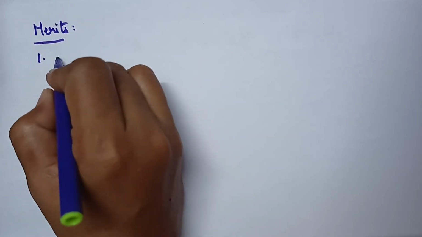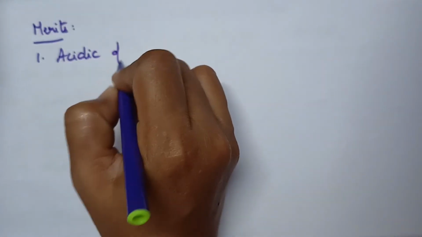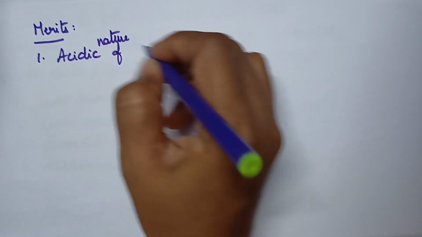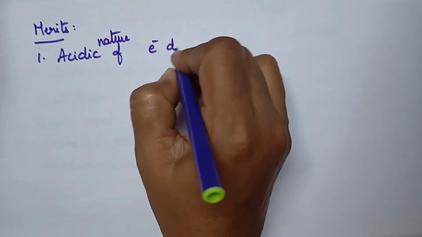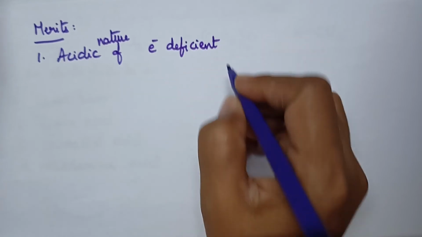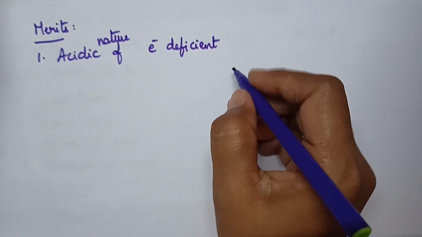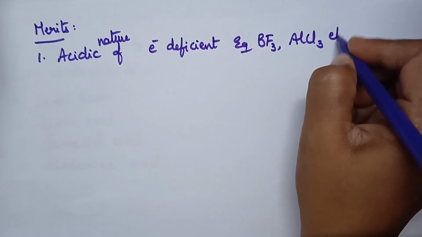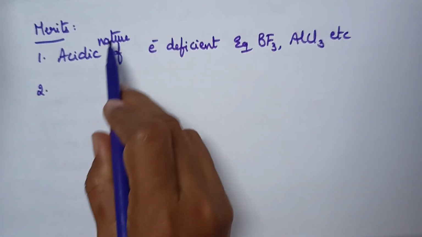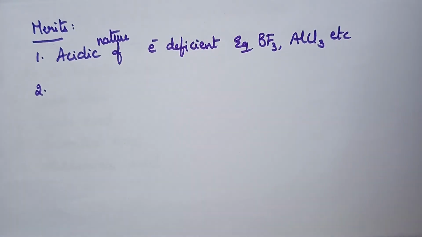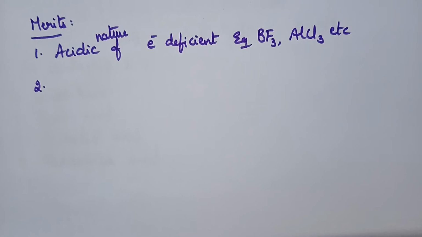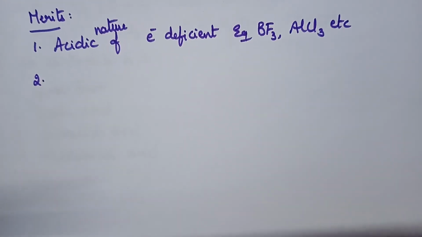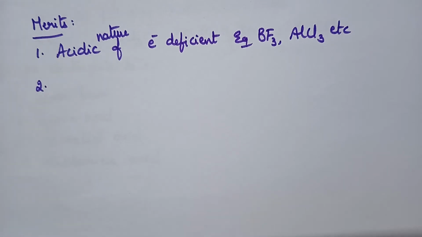So coming to the merits of Lewis theory, it explains the acidic nature of electron deficient compounds such as BF3, AlCl3, etc. Not only that, it explains the acidic nature of various substances and also the basic nature of the maximum category of substances.